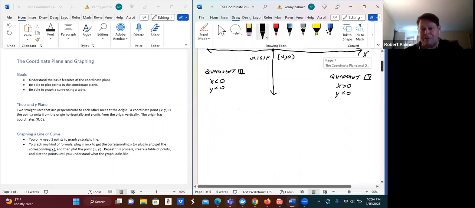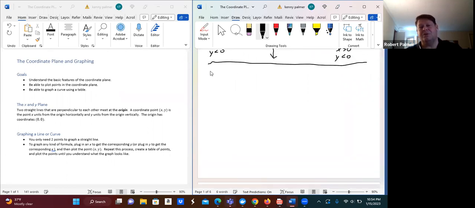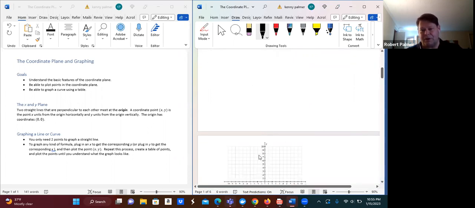So now let's talk about graphing points. I believe I can do that right here. Let's graph a few points. And I have a coordinate axis we can use right here. So I'm going to move this up.